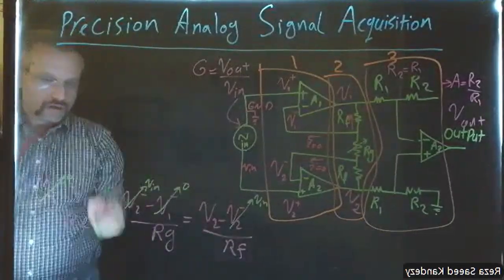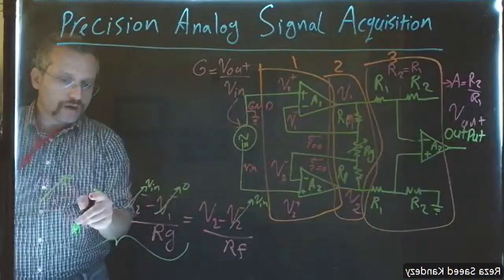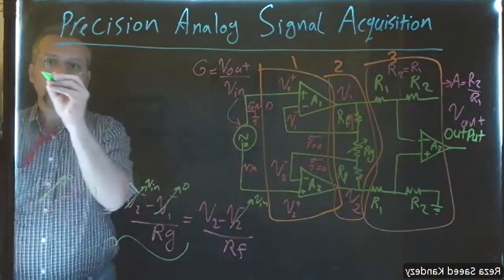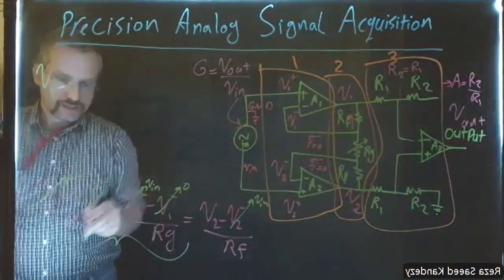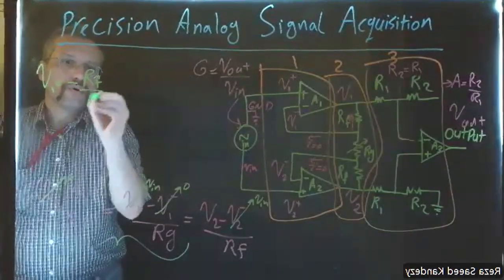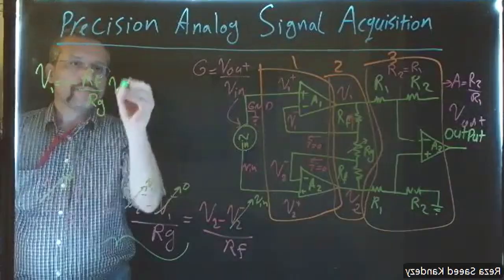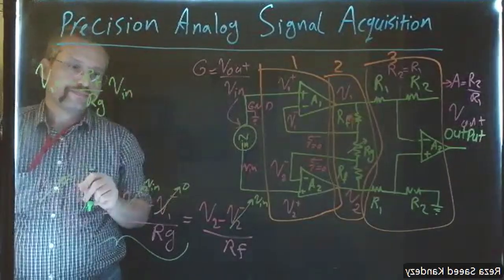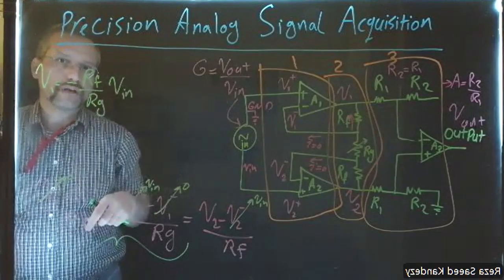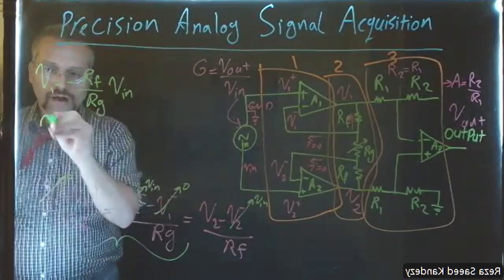If you look at this part, V1 is minus RF over RG times input. Which makes sense. We already know that. We expected that. How about V2?